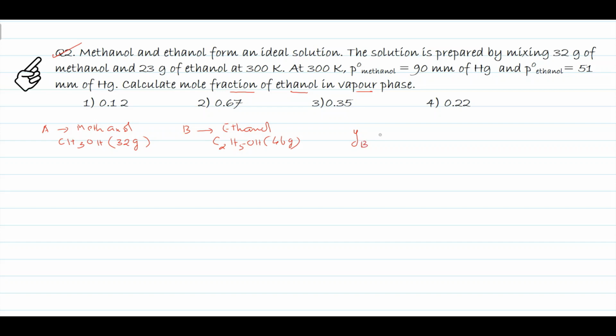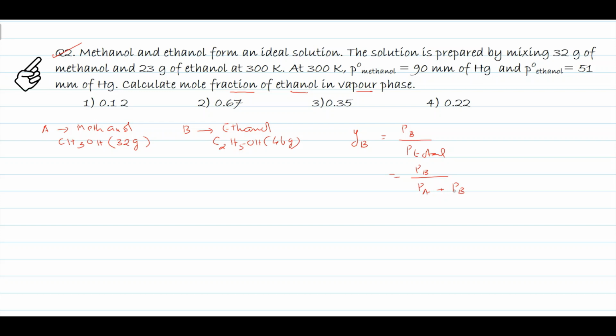What is the YB equation? YB is equal to PB by P total. What is P total? PB by PA plus PB. So, for getting the value of YB, we need these two terms, PA and PB.